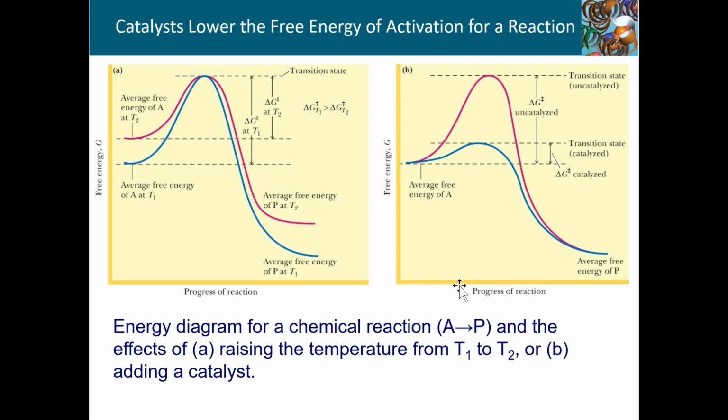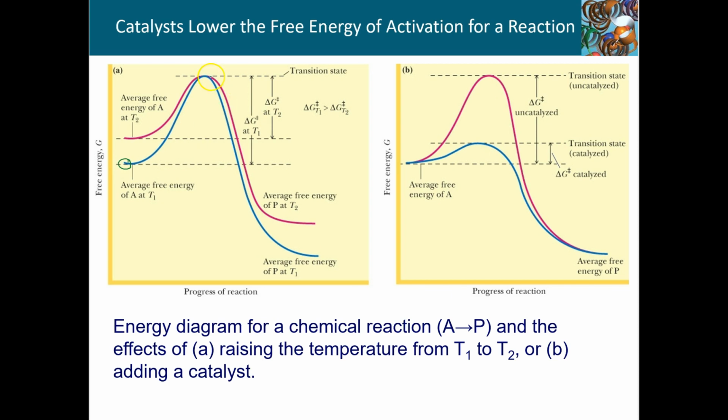So this is a really nice figure which shows the approach of the enzyme in B compared to the approach A of just raising temperature, what it looks like. So in A, let's say we start with, I'll go with green. Let's say we start here and at a low temperature.